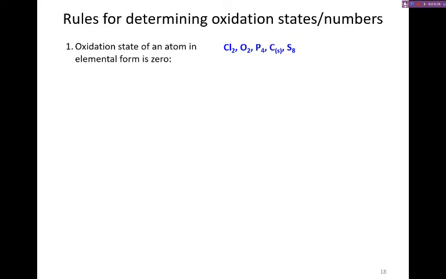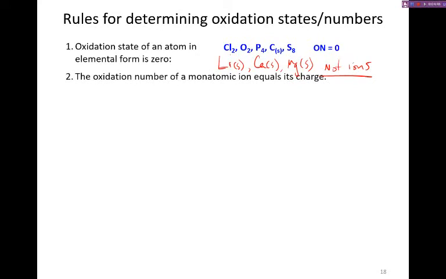These are just examples of nonmetals, but you can add to it any metal, so long as it's elemental. Lithium, calcium solid, magnesium solid, etc. Notice that these are not ions. We'll get to that in a minute. So for all of these elements, the oxidation number or oxidation state is 0.